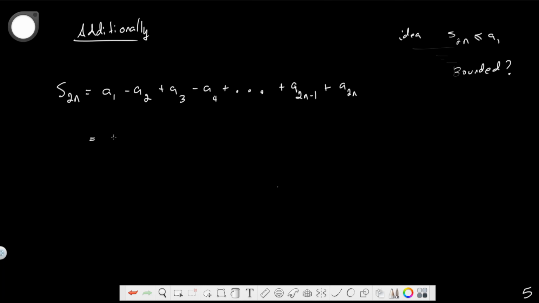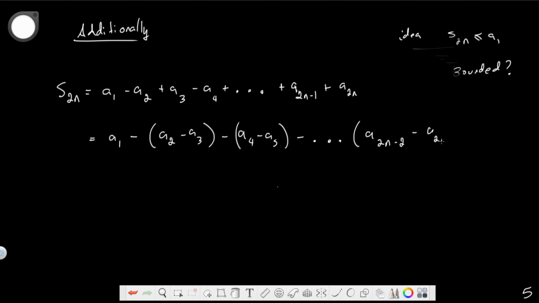Watch this. A sub 1 minus a sub 2 minus a sub 3 minus a sub 4 minus a sub 5. Notice that I have still a positive 3, and I would have had a positive 5 if I had written that. And I'm going to write another minus dot dot dot a sub 2n minus 2 minus a sub 2n minus 1.